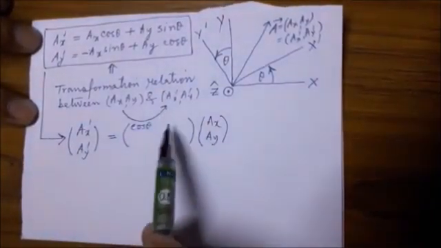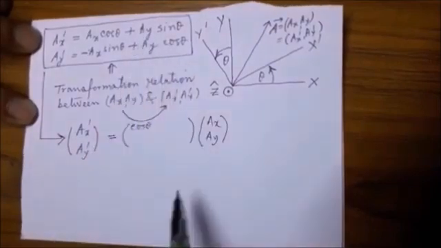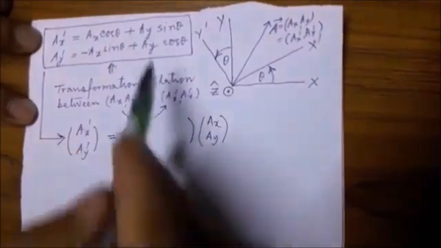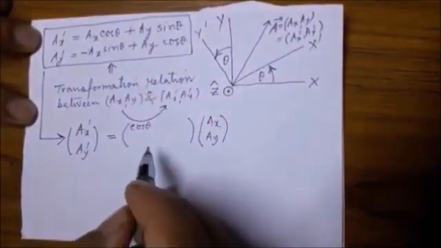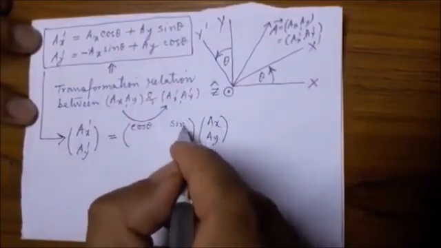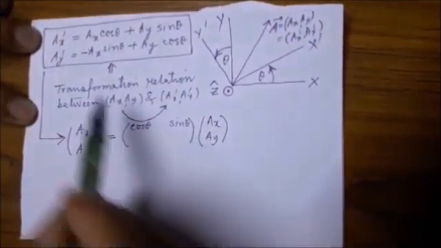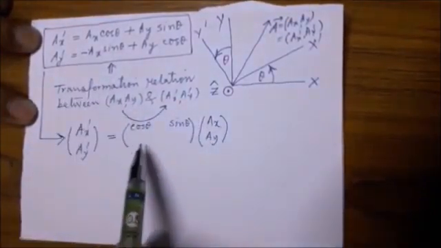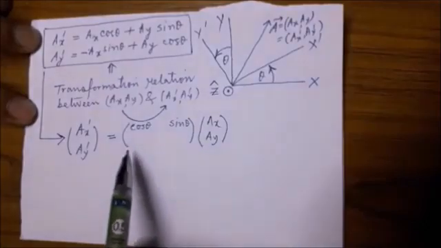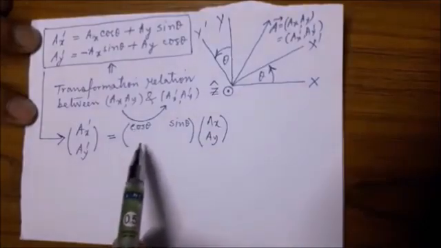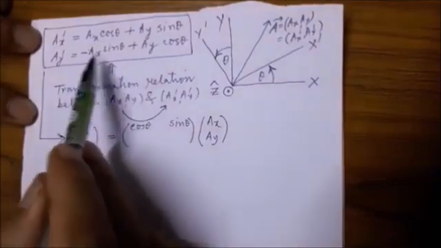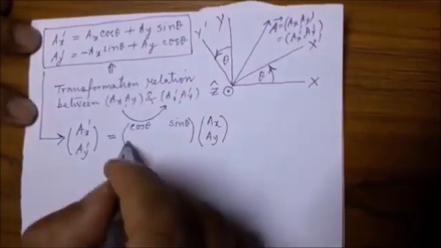Next, what will we have here to generate this term? It is ay, so sin theta is here, so it will be cos theta, and here we will have sin theta. What shall we write here, which is the second row first column, to generate this term? Obviously it will be minus sin theta.